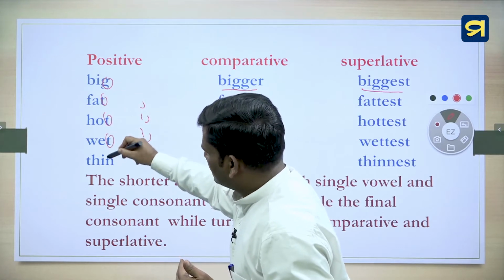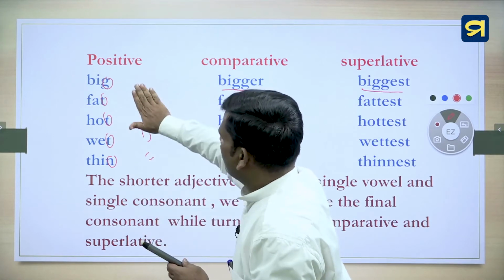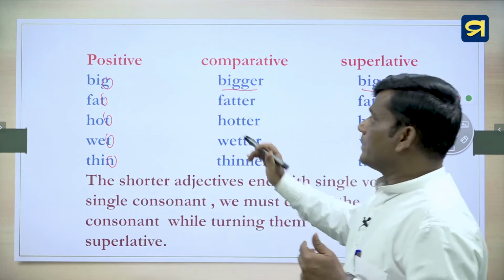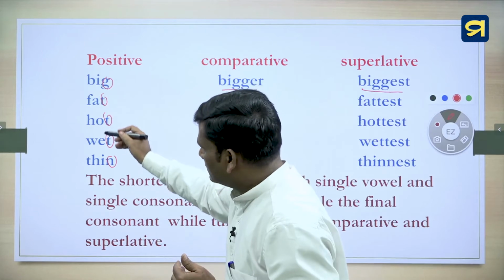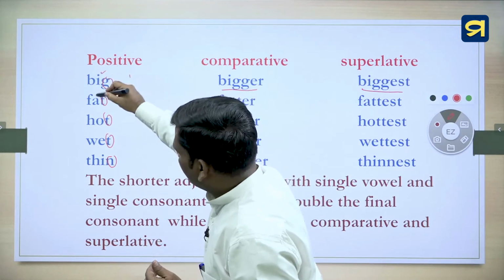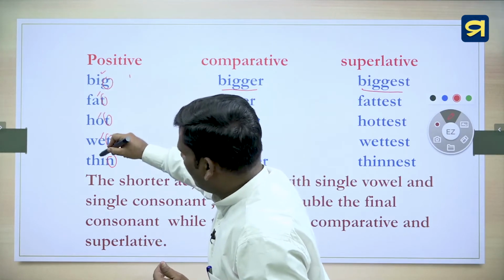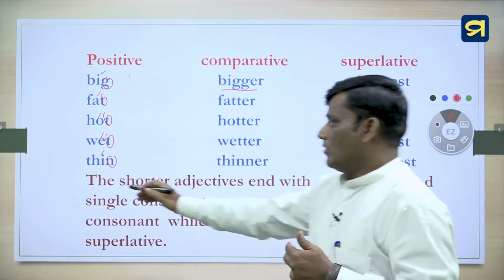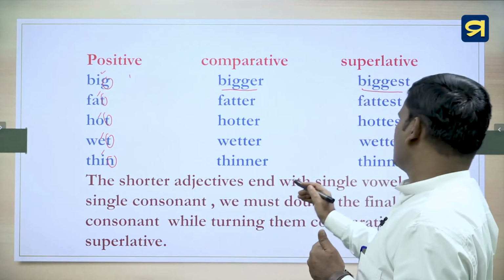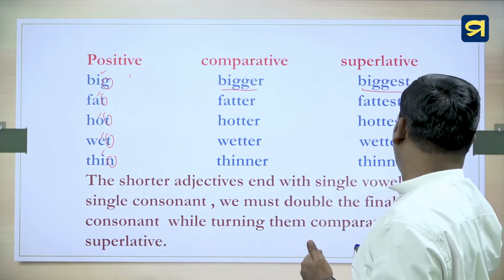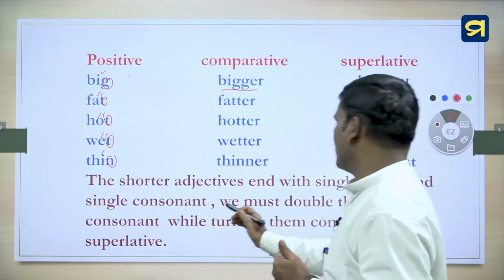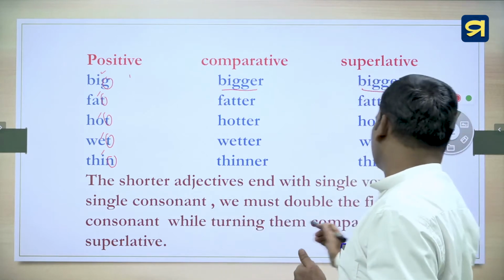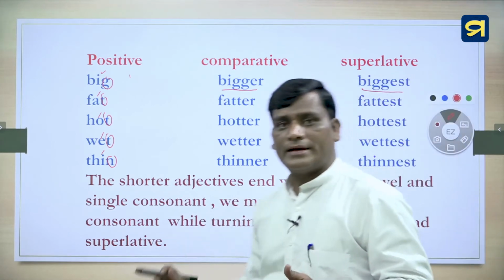And these letters become double because they are preceded by a vowel: A, E, I, O, U. These are the vowels. Okay, now what is written here? For the shortest adjectives with a single vowel and a single consonant, we must double the final consonant while turning them into comparative and superlative.